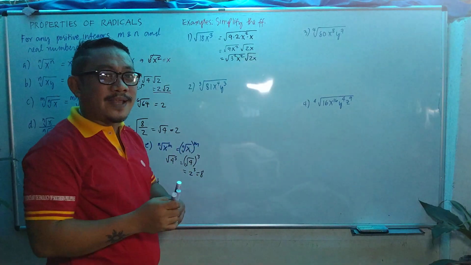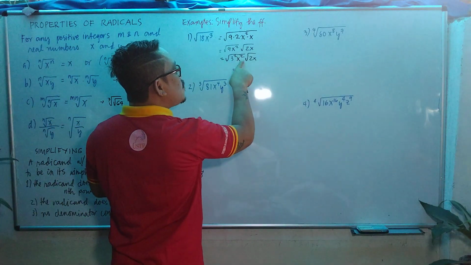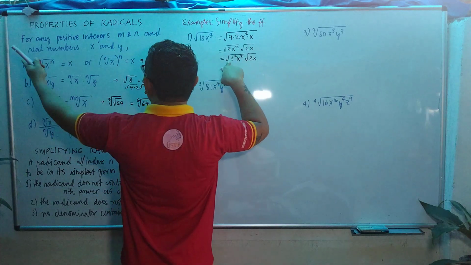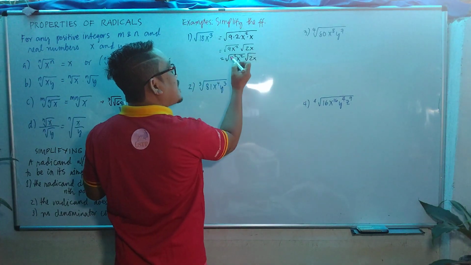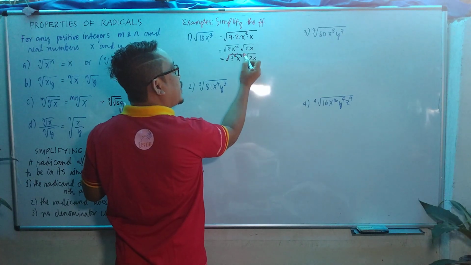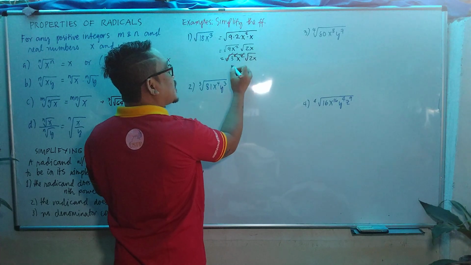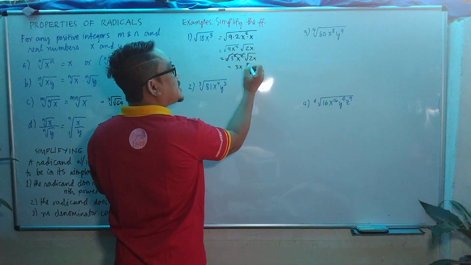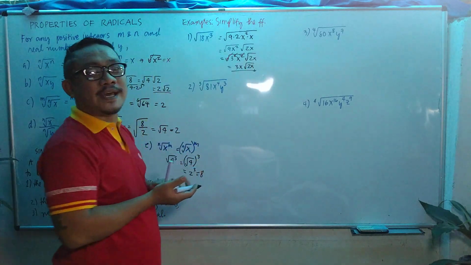This is quick. You can go straight to the square root of 9 to the power of 2. According to property number 1, if the power and the radical index are the same, they cancel. So, if we cancel, what is left? 3x. So, that is equal to 3x. Then, you just copy the square root of 2x. So, that is the answer, class.